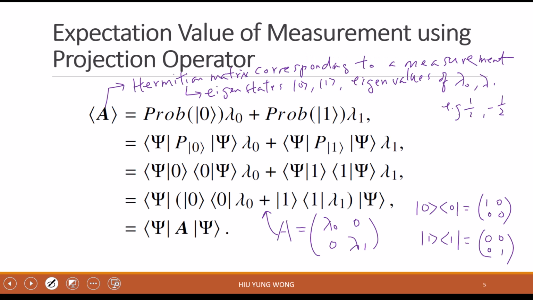Yeah. How do you differentiate the Hermitian matrix? My emphasis is just saying that a Hermitian matrix can be a gate. I do not say Hermitian is not a gate. What I'm trying to say is that when we talk about measurement, the corresponding Hermitian matrix is not the operation for you to do the measurement. Right? For example, sigma z. You measure the spin.